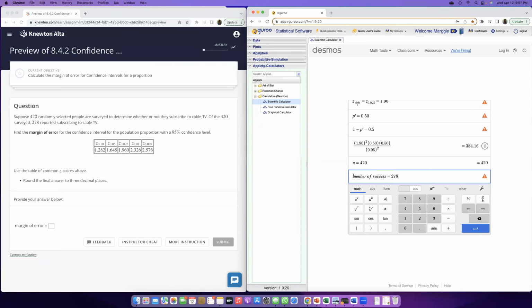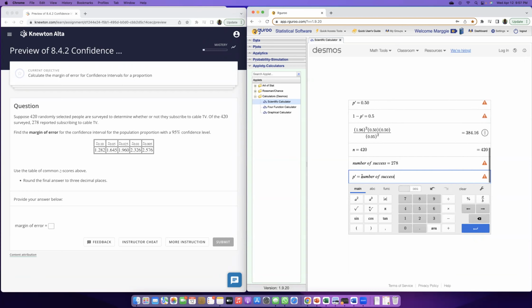This is the number of people that say yes, that they are subscribed to cable TV. When we find p hat, right, that proportion from the sample, the proportion from the sample is going to be the number of successes over the sample size.